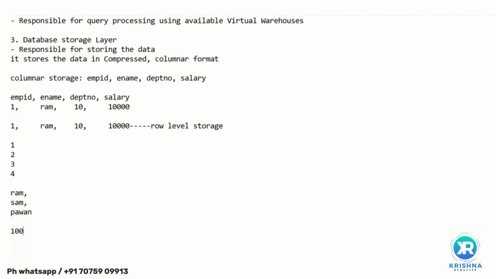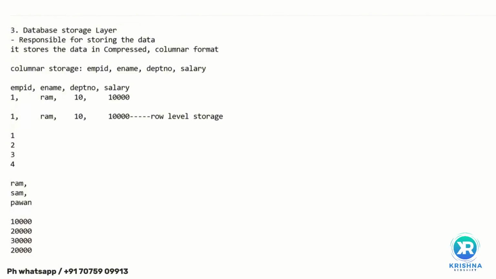Similarly, all salaries will be stored separately at the disk level. This is called columnar storage. Columnar storage means all column values are stored separately. So whenever you want salary, select salary from table where employee ID equals 1, it directly comes to the particular block where this 10,000 is stored and gets the data.